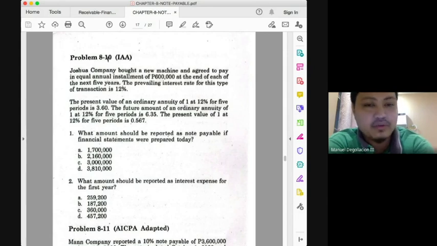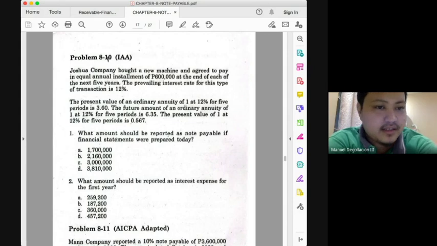They are either going to be measured at amortized cost or at fair value. But in both cases, your notes payable will be initially measured at fair value. The main difference would be on the treatment of your transaction cost. If you use the fair value option, then your transaction cost will be expensed outright. That would be a very important theory.